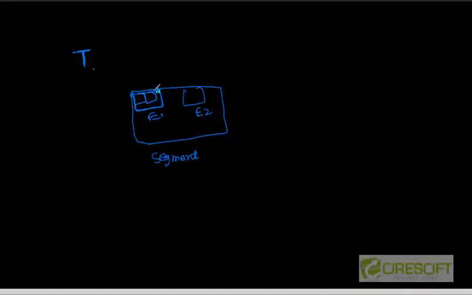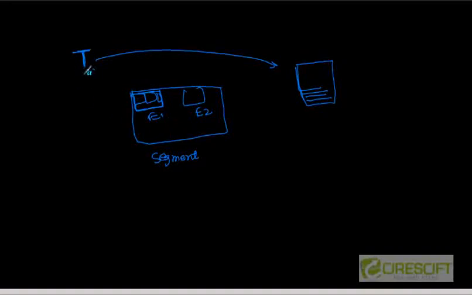A data block is basically the lowest logical unit where we have the data stored, like row 1, row 2, row 3 of the table T. Now the obvious question you can ask is how many extents it is going to have.